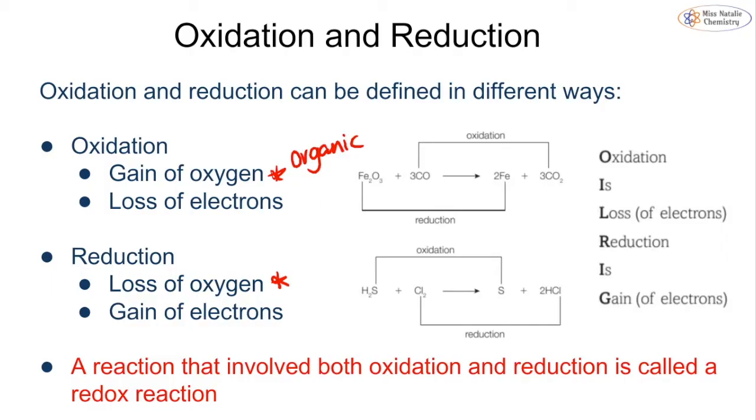So we're going to be focusing on the loss or gain of electrons. And back in GCSE, you probably learned this mnemonic, which was OIL RIG. So oxidation is loss of electrons, reduction is gain. And when we have oxidation and reduction happening at the same time, we call this a redox reaction.